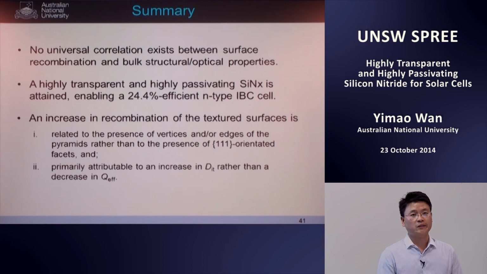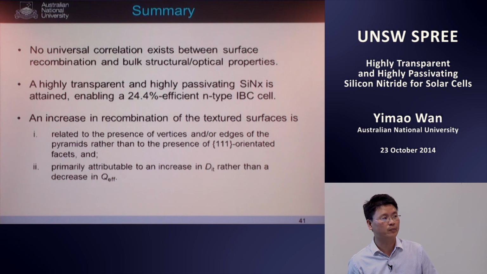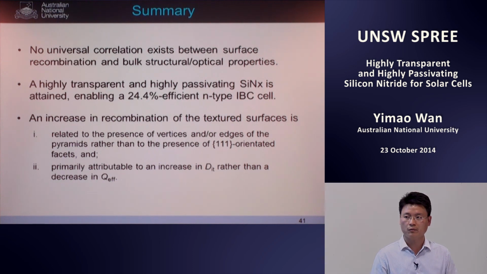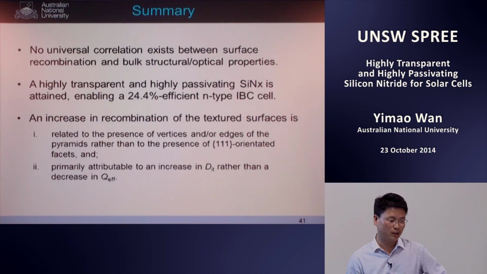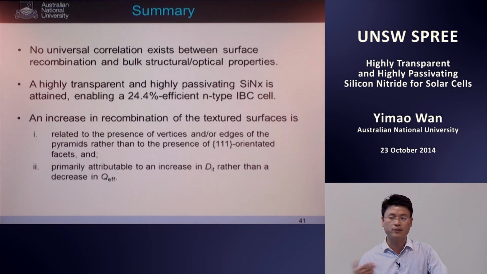Yeah, that's a good observation. For thermal oxide, it usually shows about 5 times higher recombination on 111 orientation than on 100 orientation, but not for silicon nitride. And even for silicon nitride, it depends on the film stoichiometry. For nitrogen-rich film, it shows high recombination on texture, but for silicon-rich or amorphous silicon, it shows less dependence.